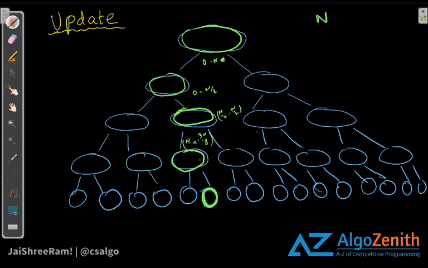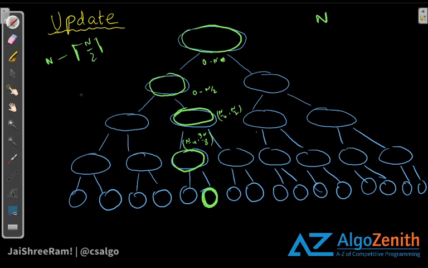As you can see, for each node, the range is getting split in half, right? How much can you split? Unless you get to one, right? These ranges can break down only until they get to one. So every time it is getting halved, from n to n by 2, and you keep breaking it down.